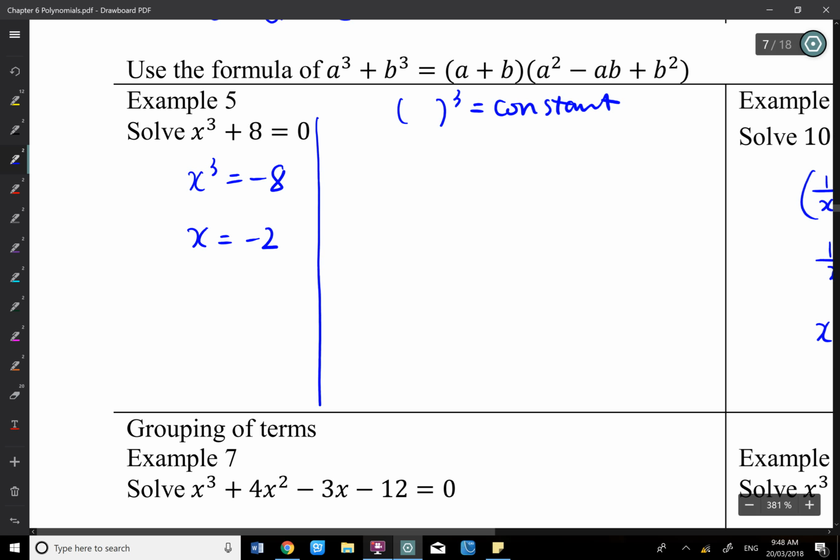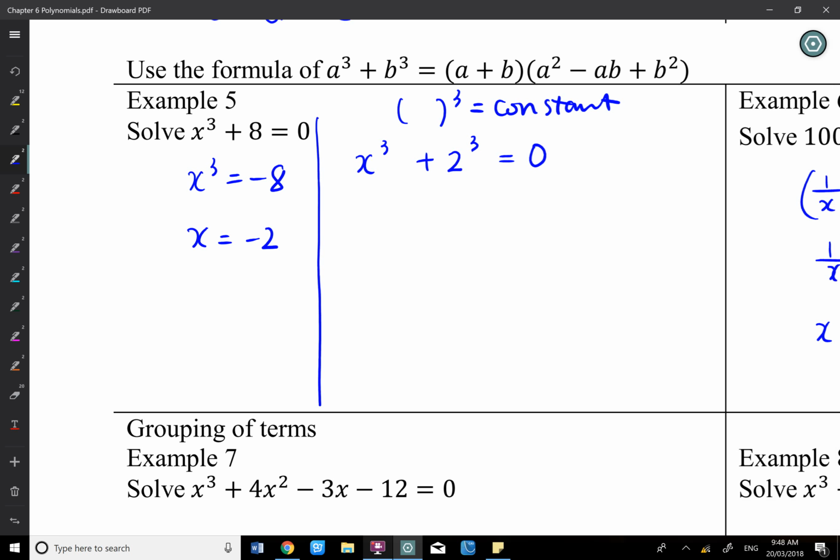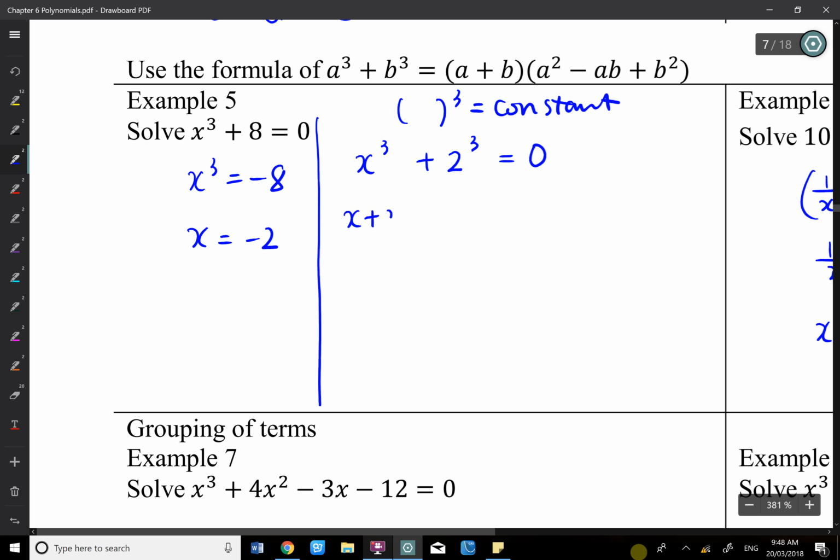So what we have in this question is x cubed plus 2 cubed equals to 0. So what we will have is x plus 2, and then a squared, which is x squared, minus ab, which is minus 2x, and plus b squared, which is plus 4.